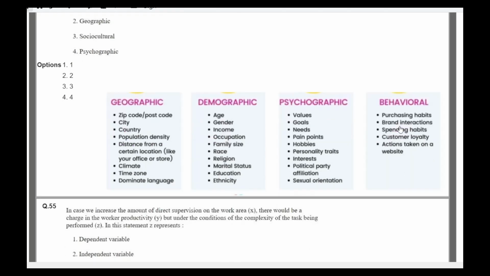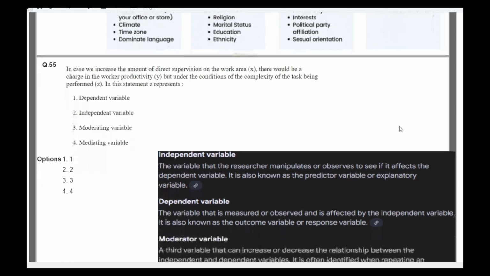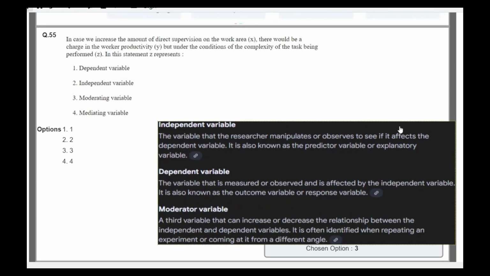So let's talk about question number five, which is your question number 55, which was from research again. It was from variables. In case we increase the amount of direct supervision on the work area X, there would be a change in the worker productivity Y. But under the condition of the complexity of the task being performed, which is Z, in this statement, what does Z represent?